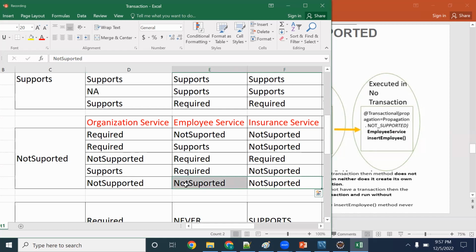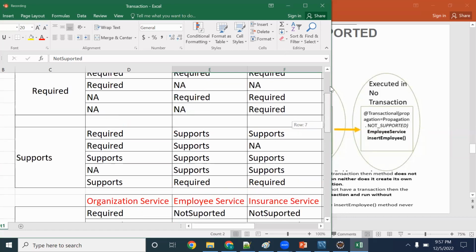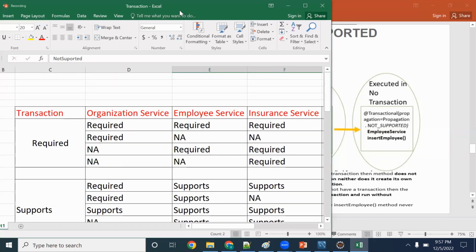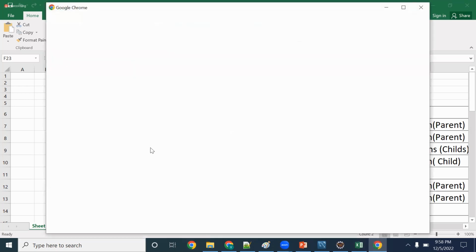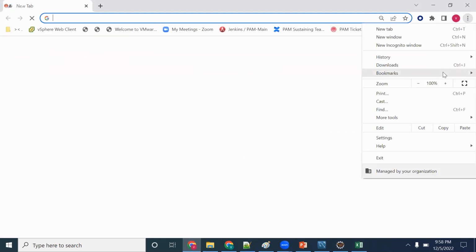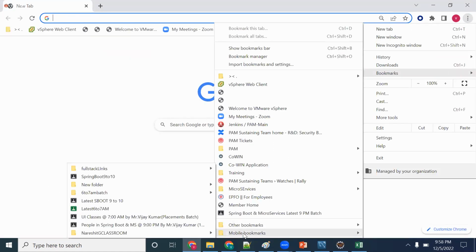So, clear everyone? Let me repeat what exactly I discussed so far. There are three propagation levels I discussed: required, supports, not supported. What is required? As part of the required annotation, only one transaction object will be created at any point of time.